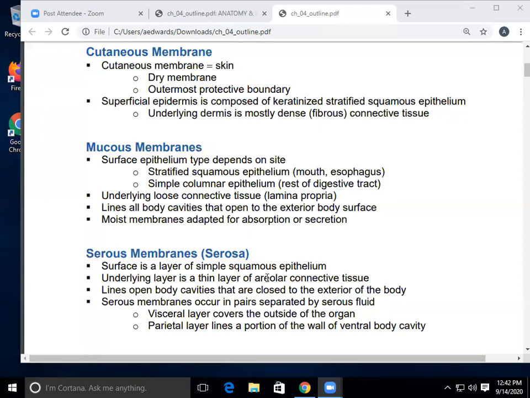It lines all the body cavities that open up to the exterior surface of the body. They're moist compared to cutaneous membranes, and they are adapted for absorption and secretion.